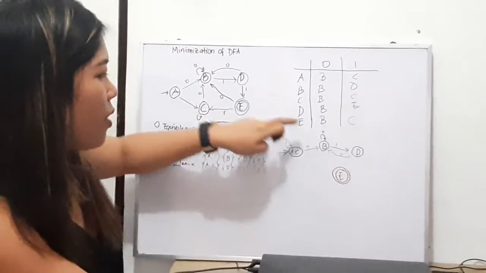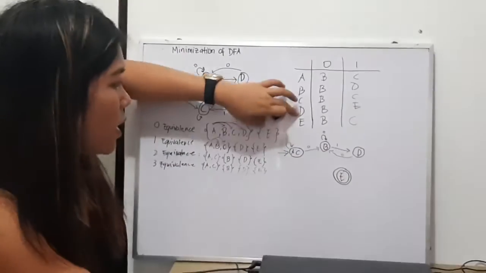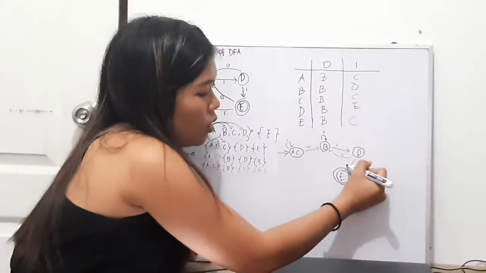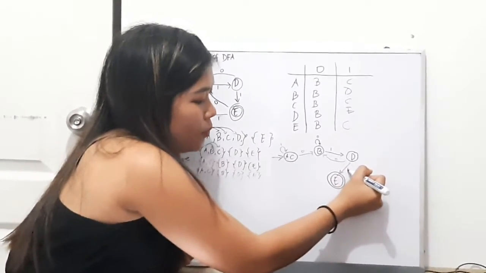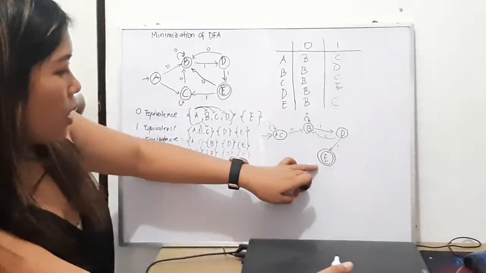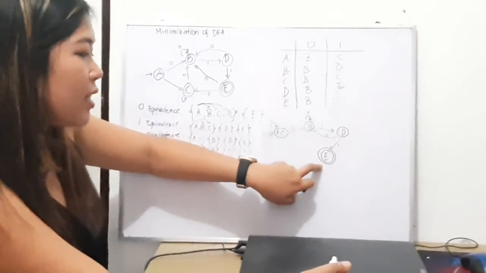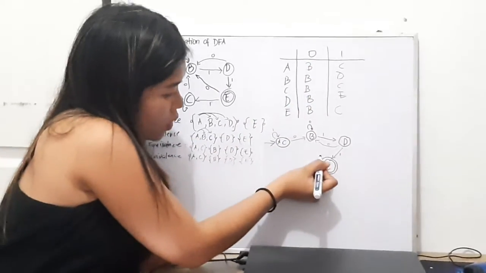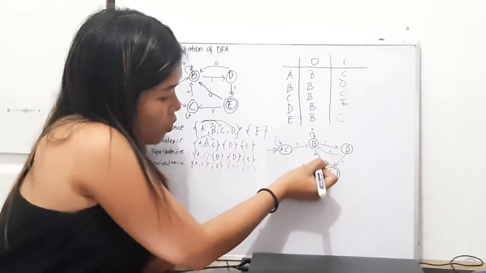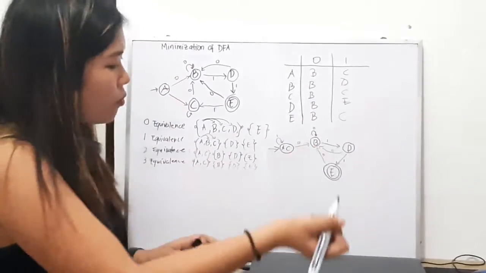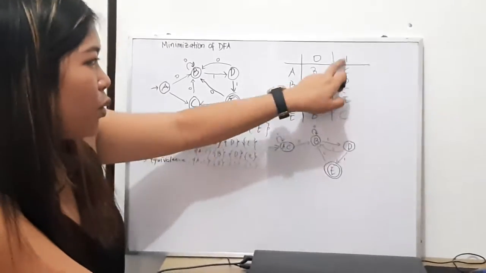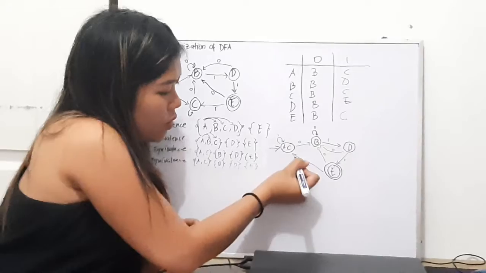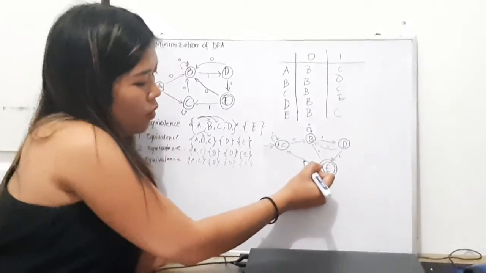Then D given input 1 goes to E, so let's put here 1. Okay, now let's proceed to E, the final state. E given input 0 goes to B. And then E given input 1 goes to C. Let's put 1.